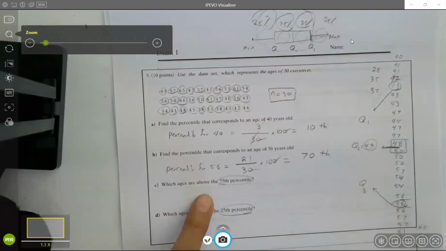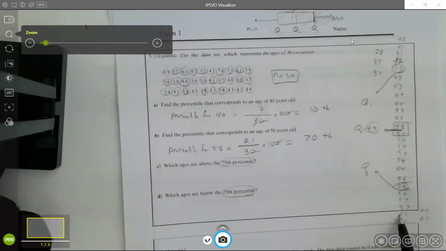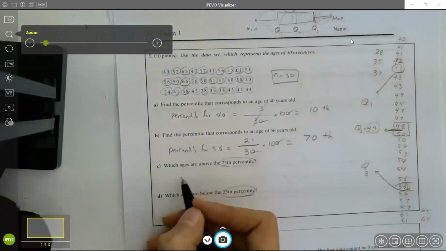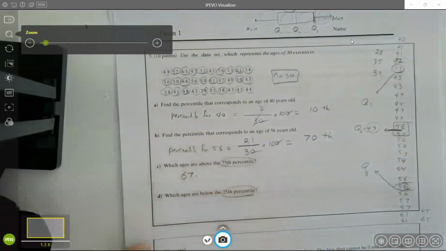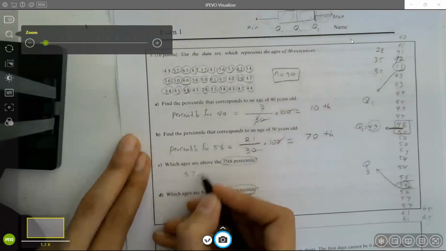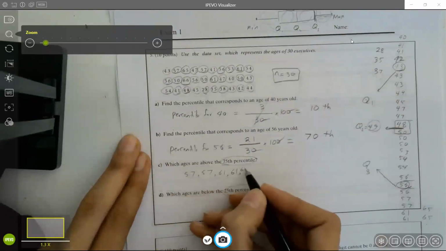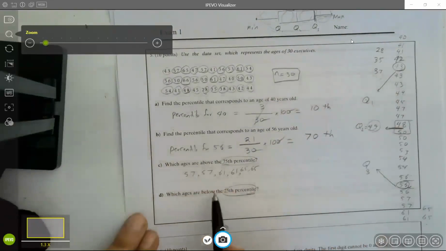So above 56, what do you have? 57, 57, 61, 61, 65, and 65.